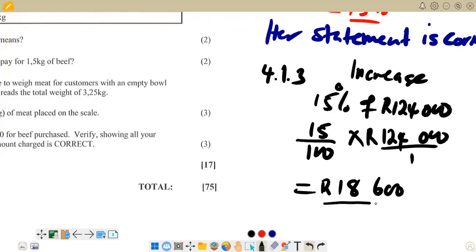So this is our final answer, representing our increase. That's what we have in terms of 4.1.3. Then we can move on to check the next question.